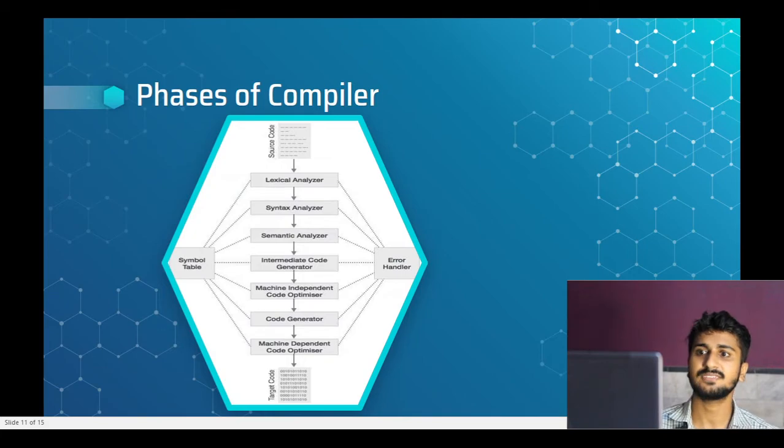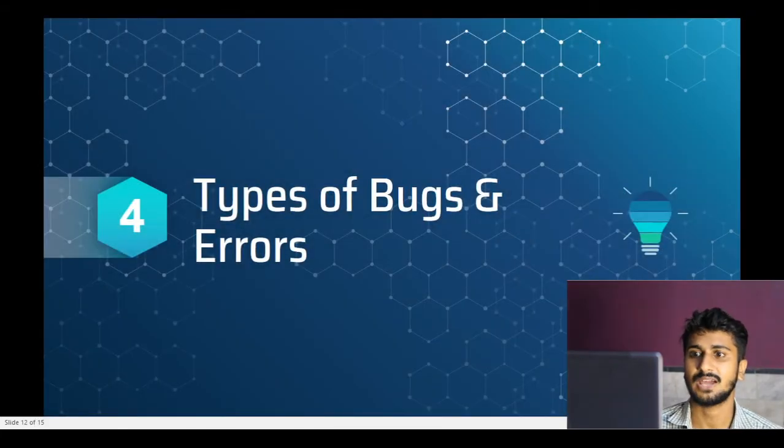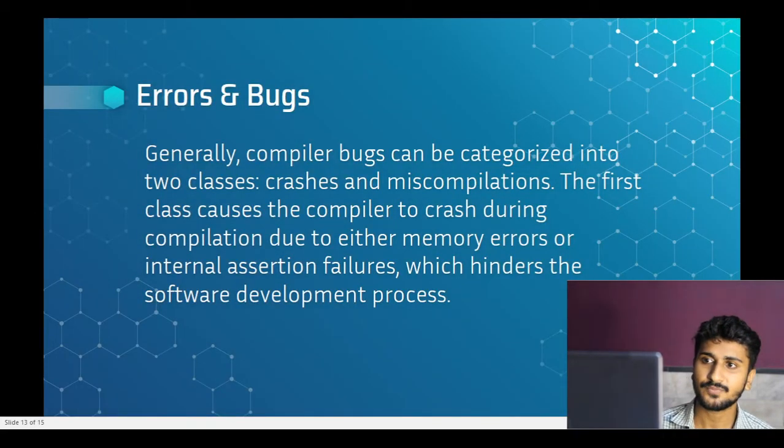So after the phases of the compiler I am going to talk about types of bugs and errors. So what is an error and what is a bug? Generally, compiler bugs can be categorized into two classes, crashes and miscompilations. So what is a crash?